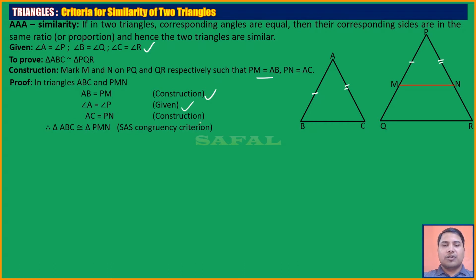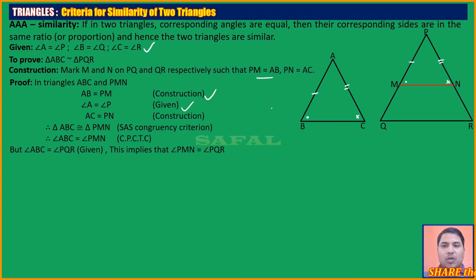Correct? So if triangles are congruent, then corresponding angles will be equal by CPCT. So angle ABC, that means this angle, should be equal to angle PMN. And similarly this angle C should be equal to angle N.